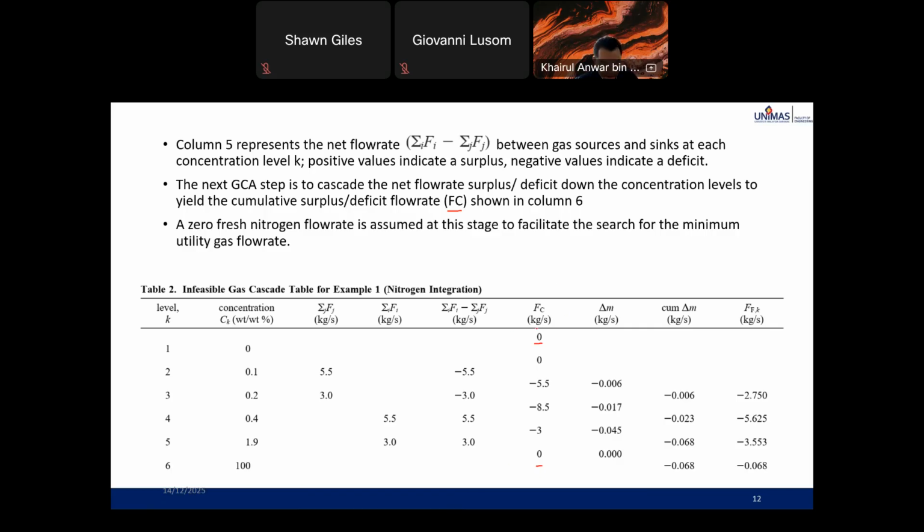To start with, FC here refers to fresh feed. This is the discharge flow rate, the fresh flow rate. So since we start with zero, the fresh discharge is zero. We have a line, so we do the cascading.